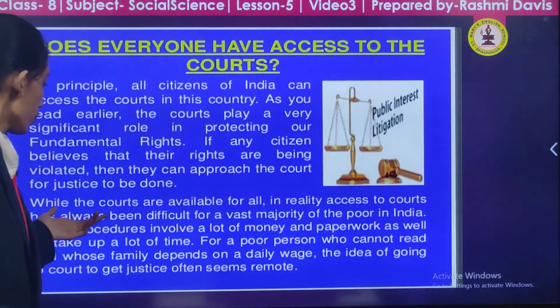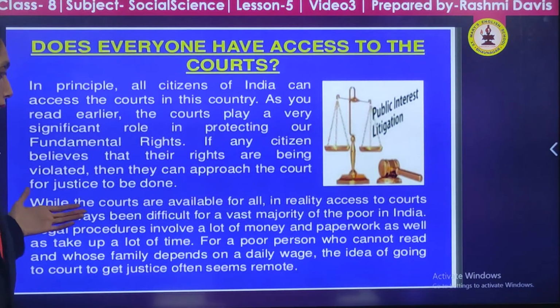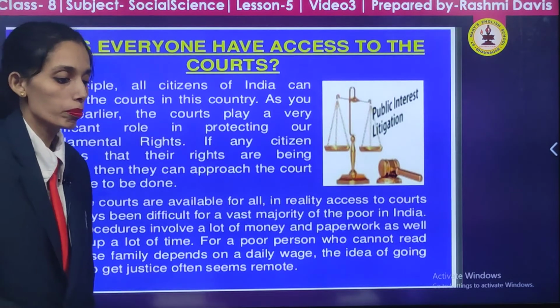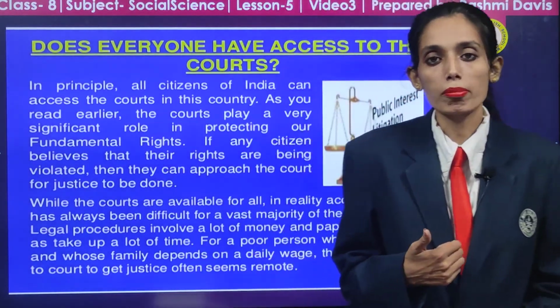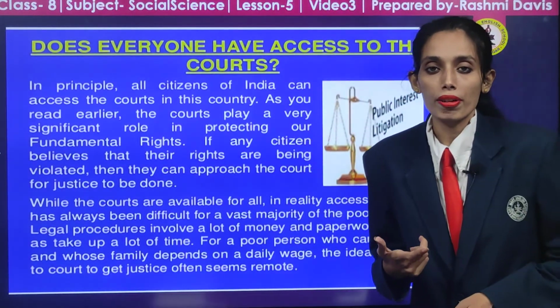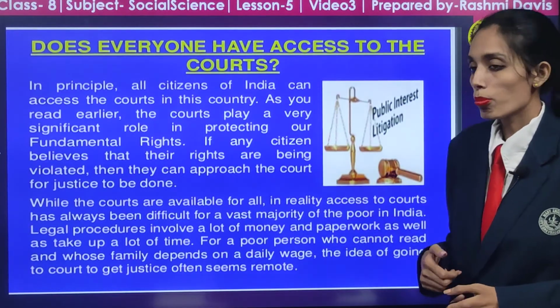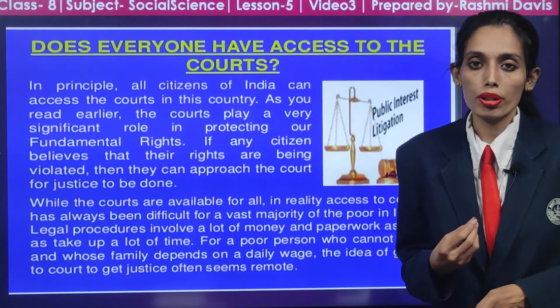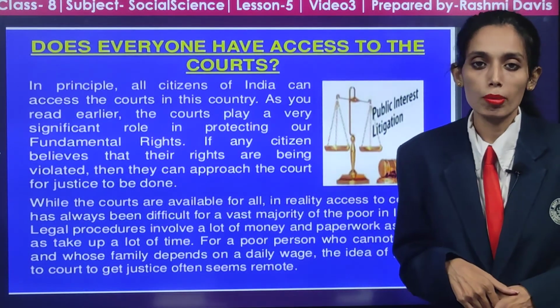But in reality, are the courts available for all? Access to courts has always been difficult for the majority of people in India because it takes too much time, a lot of paperwork, and a lot of money. So the majority of people cannot afford to get justice through this legal procedure.